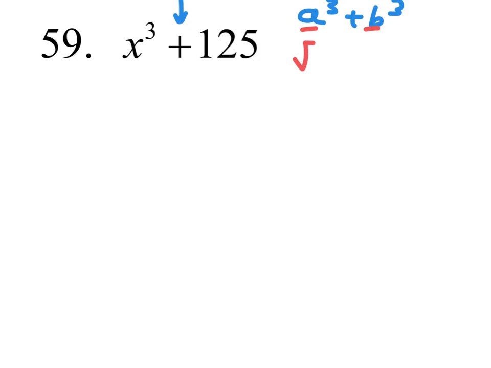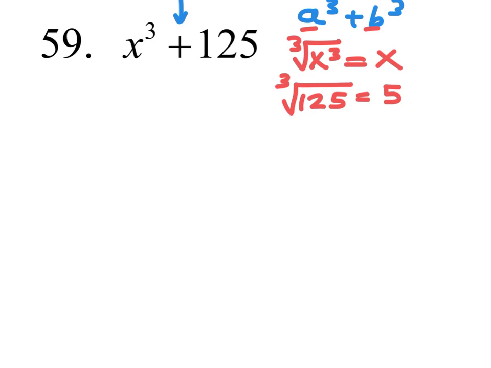In order to do that, we cube root. The cube root of x cubed is just x. The cube root of 125 is just 5. So x is a, 5 is b.